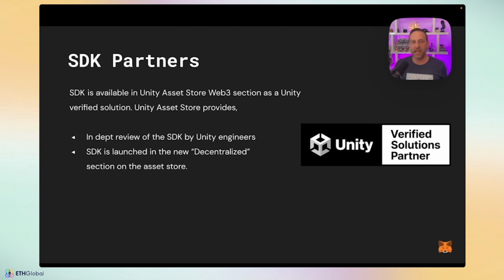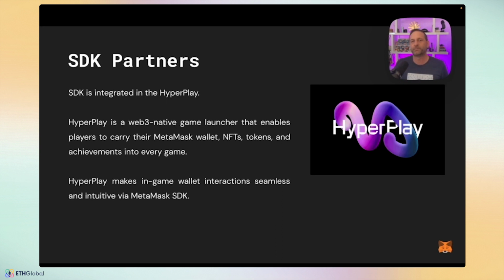The SDK has some great partners out there. The SDK is available in the Unity Asset Store Web3 section as a Unity verified solution. The Unity Asset Store provides an in-depth review of the SDK by Unity engineers. And the SDK is launched in, like I said, the new decentralized Web3 section of the Asset Store.